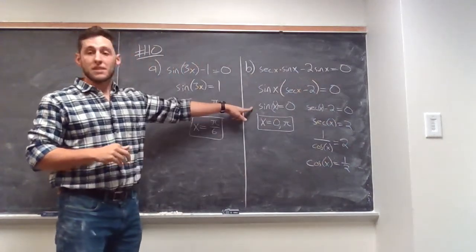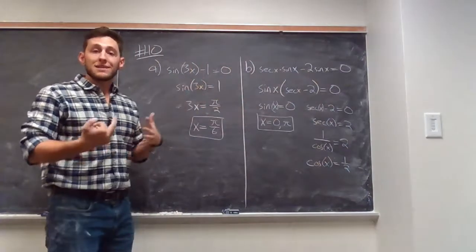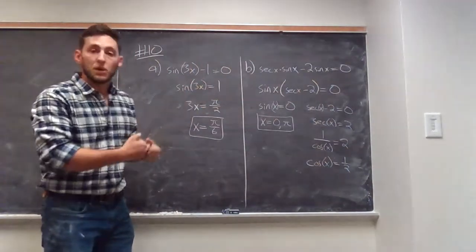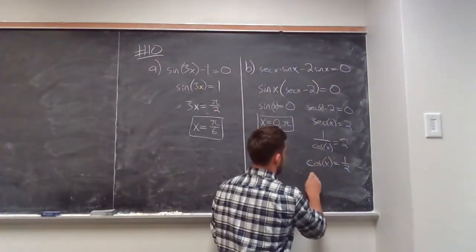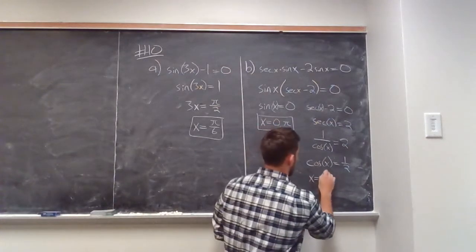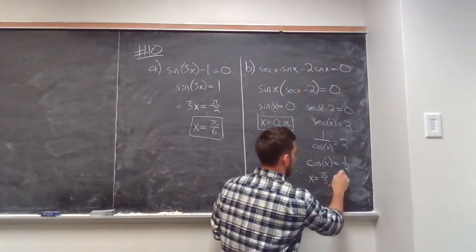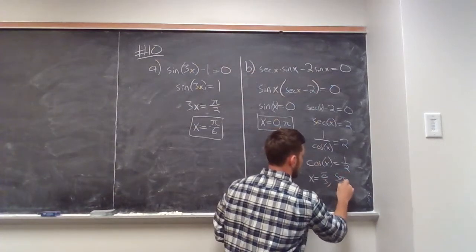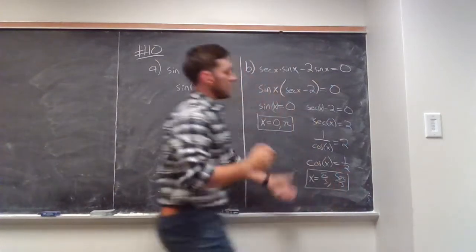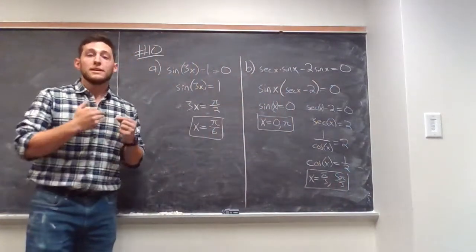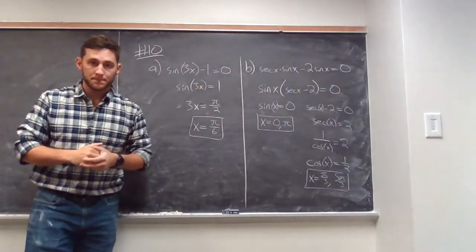Now I can do something similar to what I did here. When is the x value, cosine, equal to 1/2? Well, that's at your angles, pi over 3 and 5 pi over 3. So just some memorization of the unit circle carries you the rest of the way.